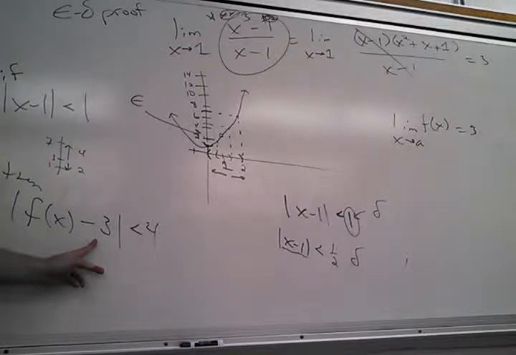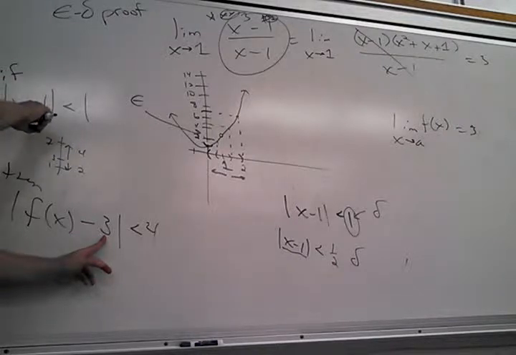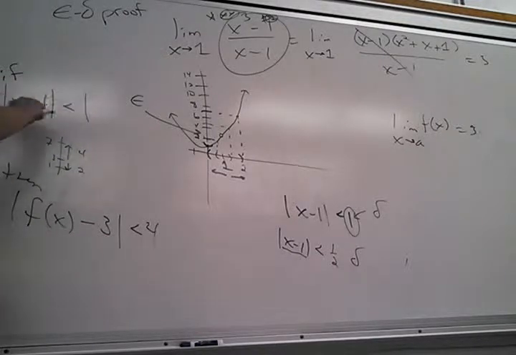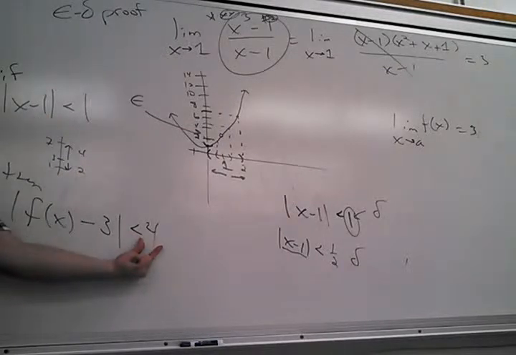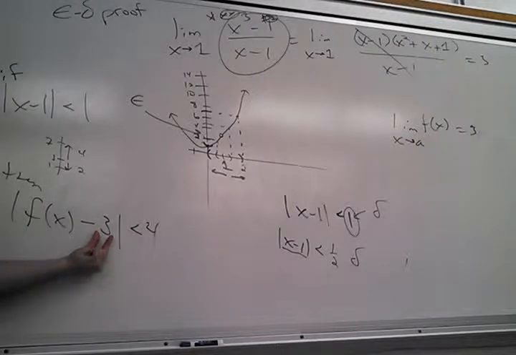And actually a better way to say that: the function value is at most 4 away from the limit of 3 when the input is at most 1 away from 1. That's exactly how to say what's going on here. So when I am within 1 of a 1 input, I'm guaranteed to be within 4 of the actual limit of 3 for my function values.